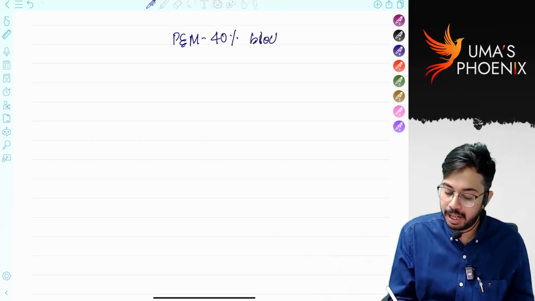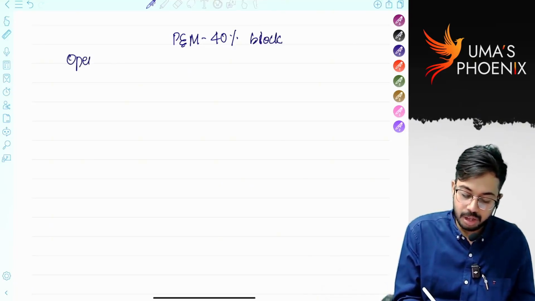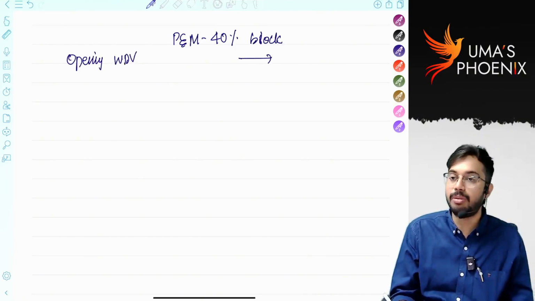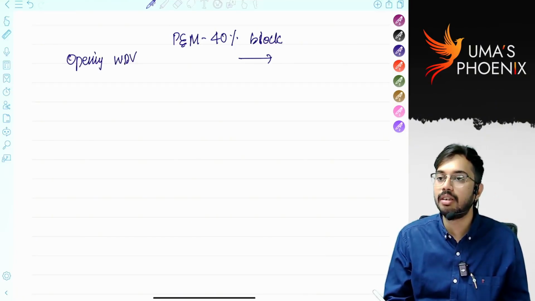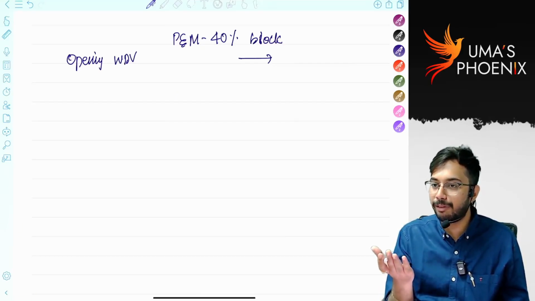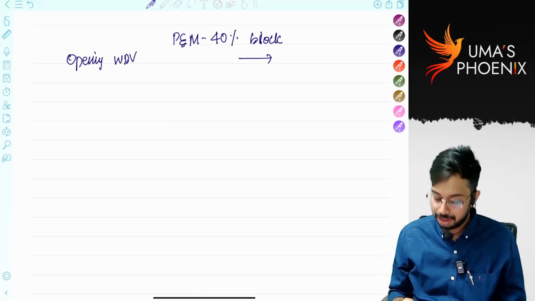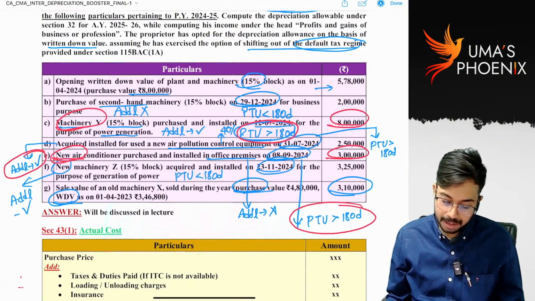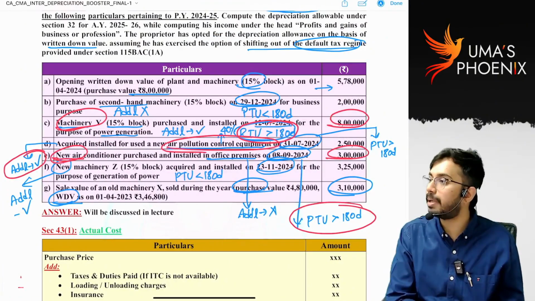Is there opening written down value? Tell me, how much is the opening written down value? Opening written down value 2 lakhs. Where did you get 2 lakhs? For the plant and machinery 40% block, is there any opening written down value? Air pollution control equipment is 40% block, right?